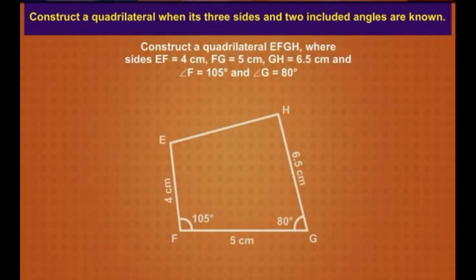Given to construct a quadrilateral EFGH where side EF is equal to 4 cm, FG is equal to 5 cm, GH is equal to 6.5 cm, and angle F is equal to 105 degree and angle G is equal to 80 degree. Let us construct this quadrilateral.